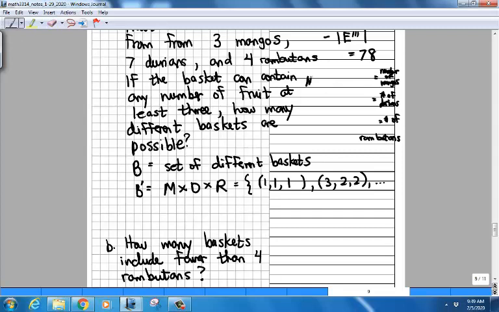How am I going to write that down? This time we're going to have to list it out. So 0 to 9, and then for durians, 0 to 3. Is that 7? And what's the last one there? Rambutans. So how many of those are there? 4?